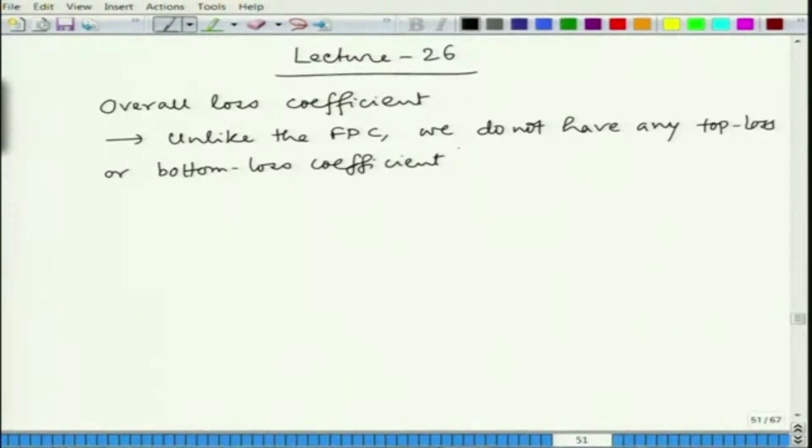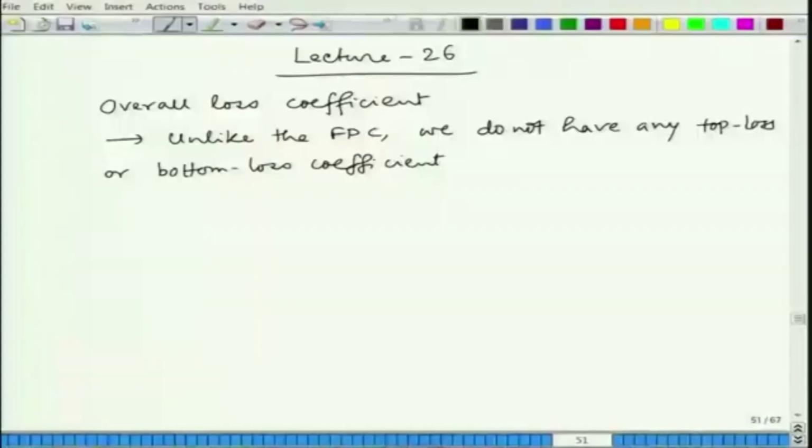This is a circular tube which is carrying the working fluid, and we have a concentric circular tube of transparent material which acts as the cover. Okay. So, there is no top and bottom, but we have a single loss coefficient which is U L, right.